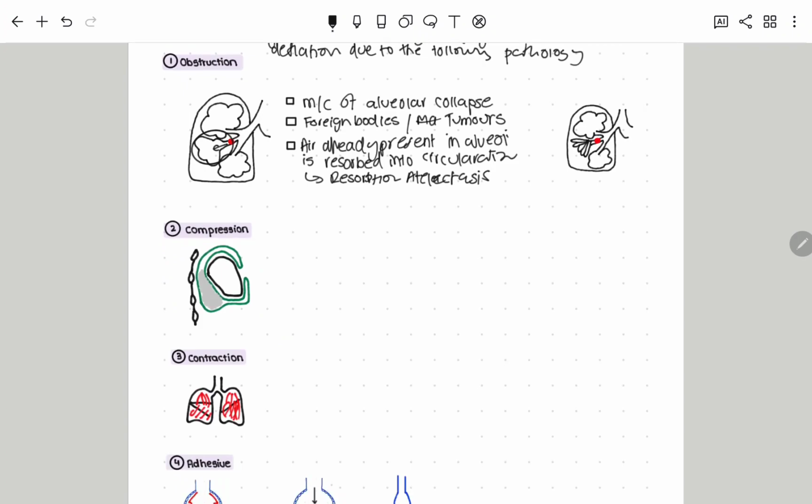Now, with no new airflow to the lungs distal to this obstruction, you are going to end up eventually, it's drawn over here, having a collapse of the alveoli.